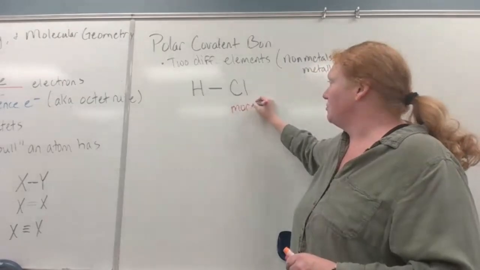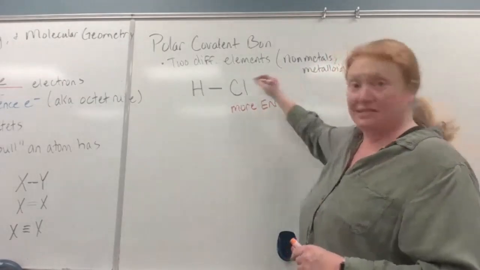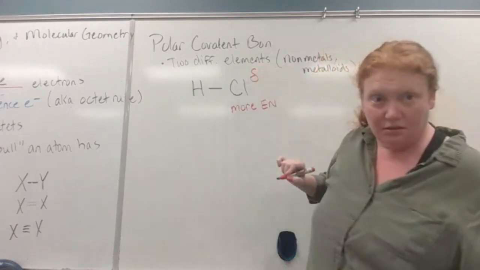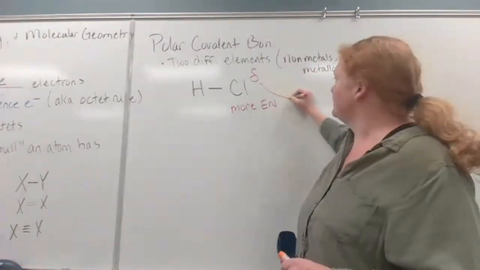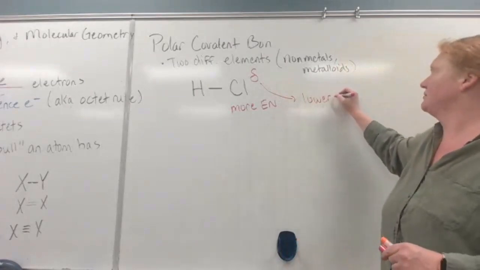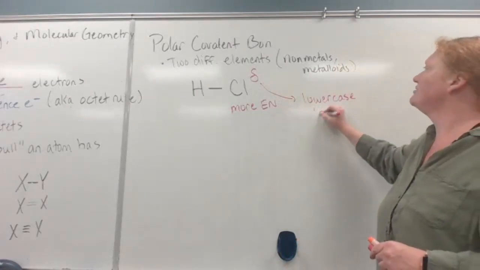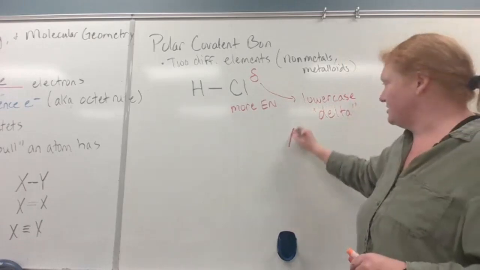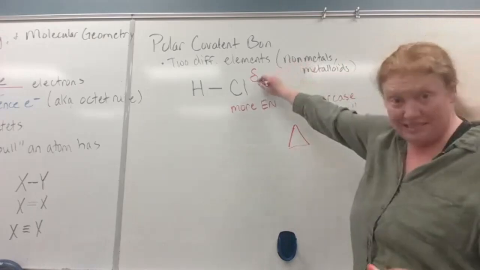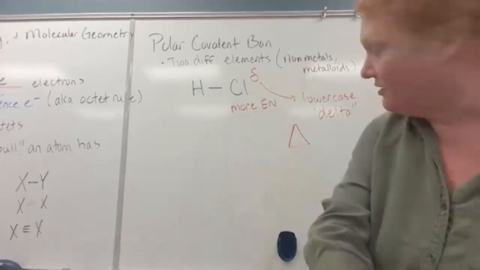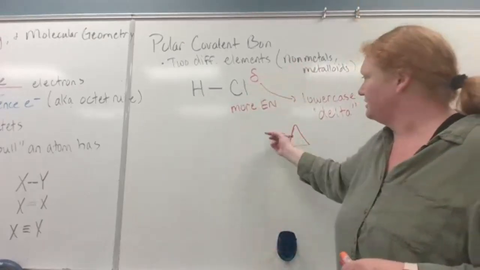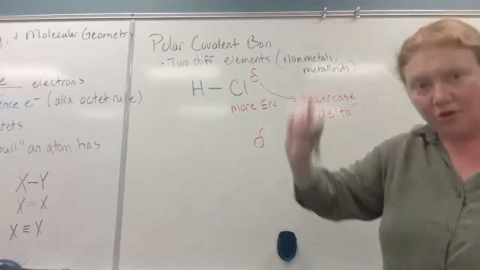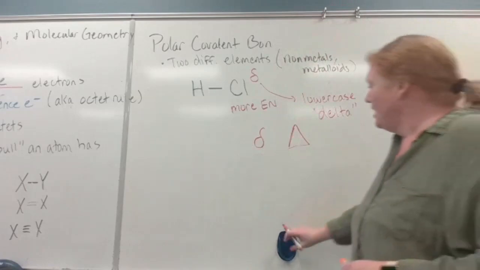Because chlorine is more electronegative, the symbol that we write is this Greek letter. This is the lowercase Greek letter delta. Capital delta is the triangle. This symbol is the lowercase Greek letter delta. Do I need to draw it again? It's like a D, but it's got a little curve flare to it, okay?